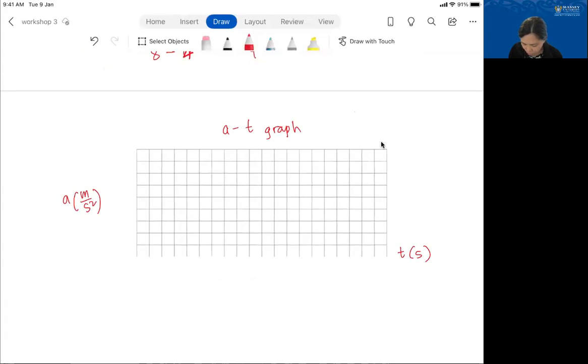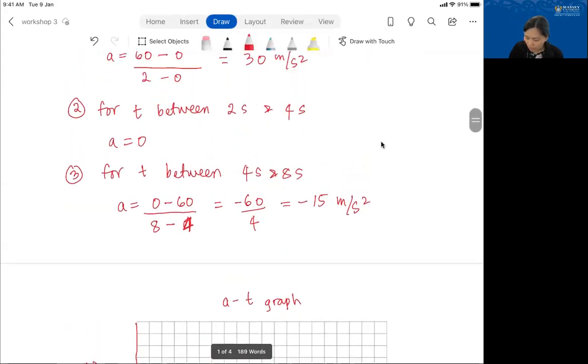So that's my x-axis, this is the 0 point, and that's my y-axis there. One grid will be 1 second, so that's 2, 4, 6, 8. I think we're only up to 8 seconds for the time, right?